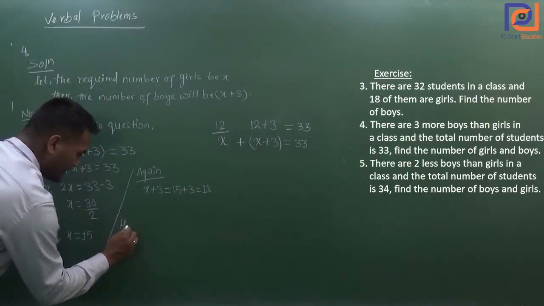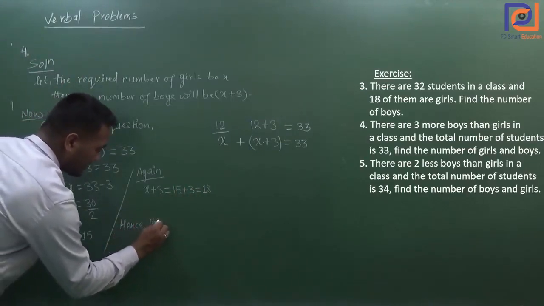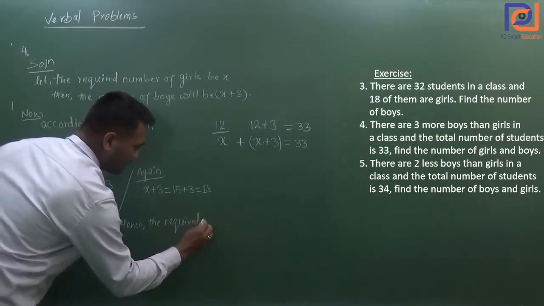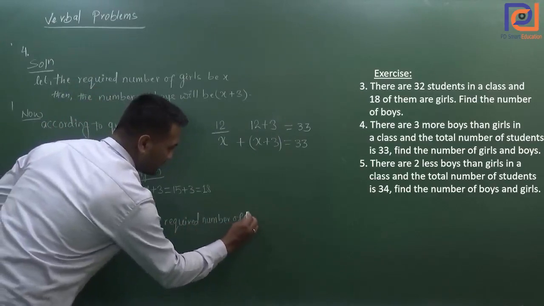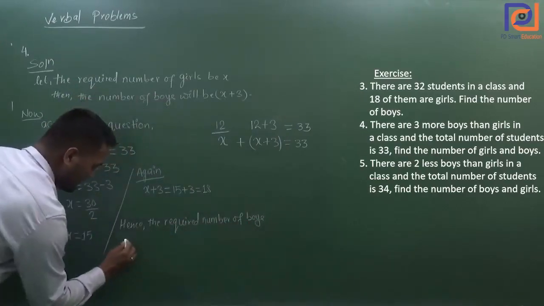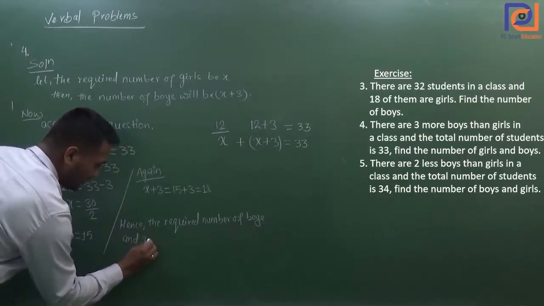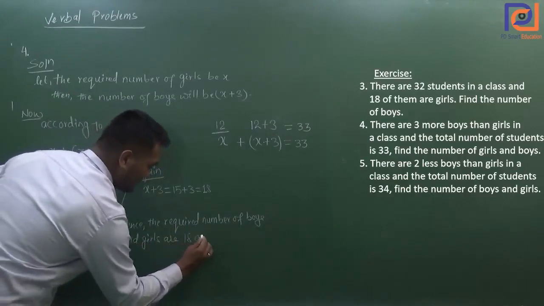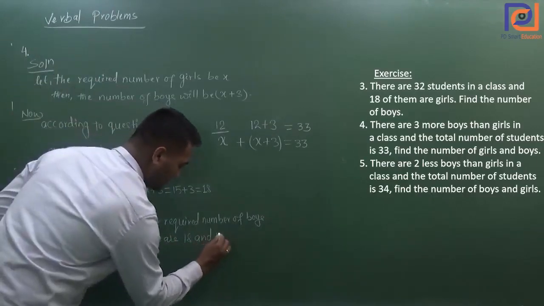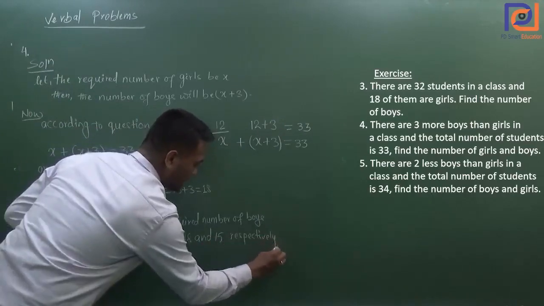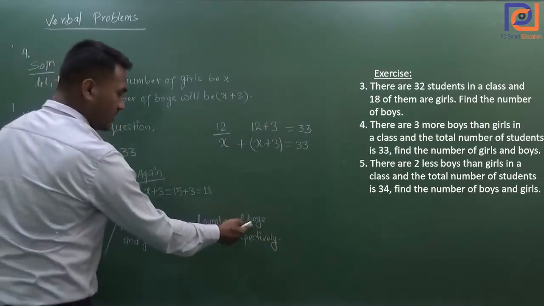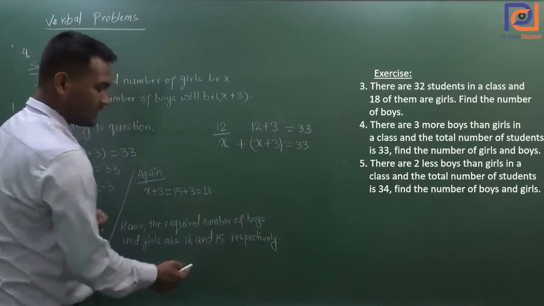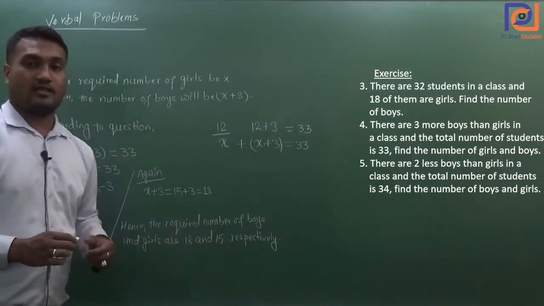See, at last, hence the required number of boys and girls are, boys is 18 and girls is 15 respectively. See, this 18 is for boys, because there is written boys first, and later there is written girls, so that is for girls. Okay, so you don't forget to write there respectively as well.